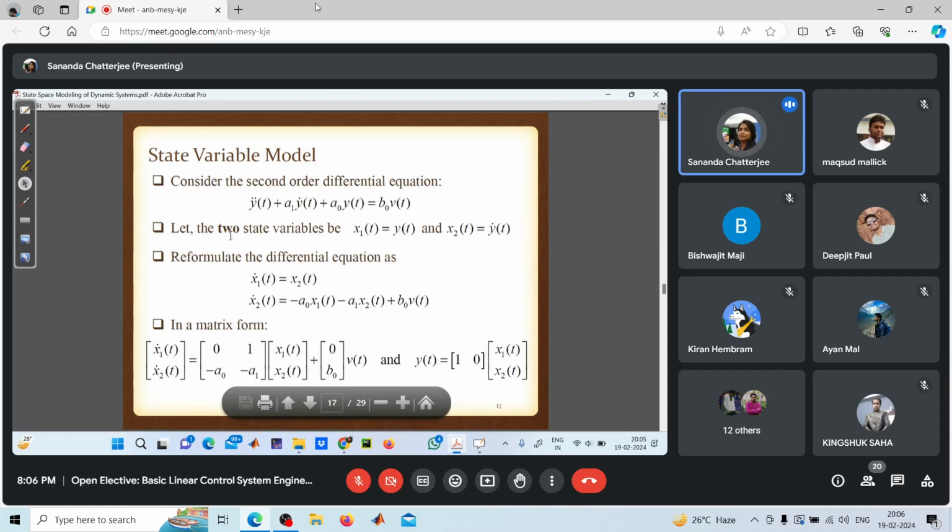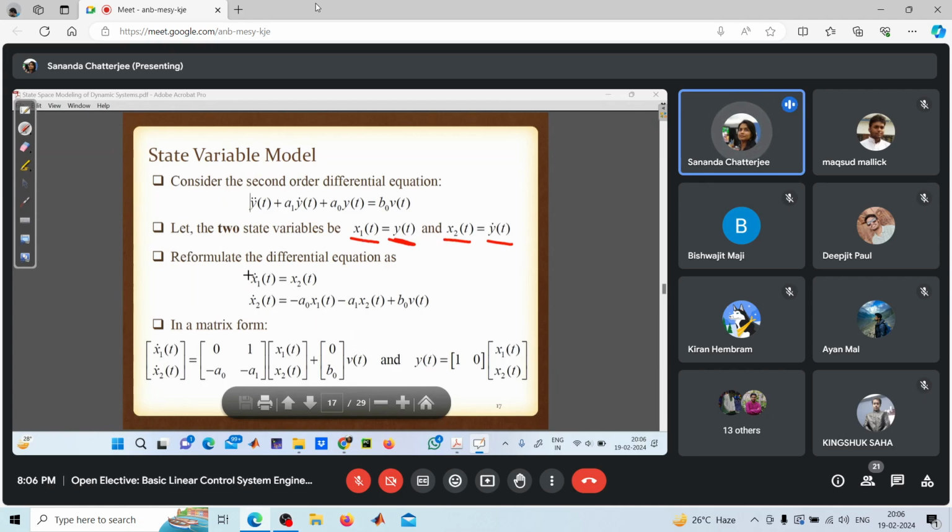Now after seeing this differential equation, the first thing that comes is that there will be two state variables involved. But what are those? One choice could be this: you can take y(t) directly as a state x1 and y dot (t) as another state x2.